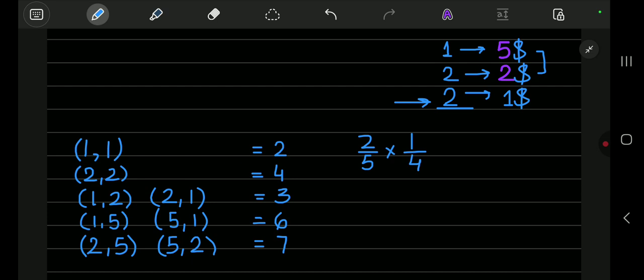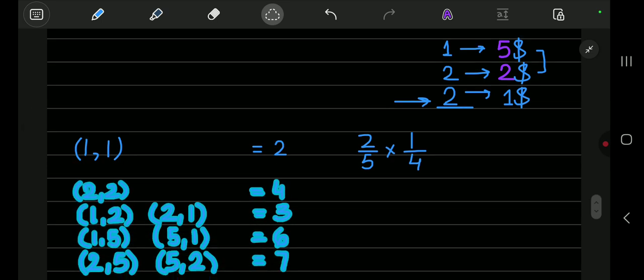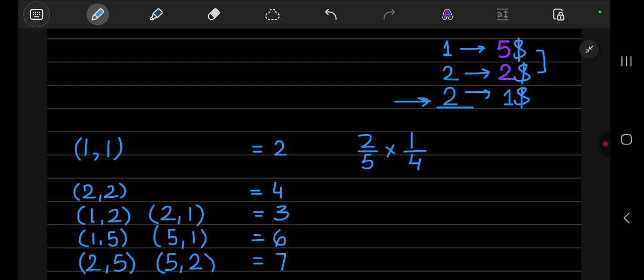Okay, this is one set of possibility. Then if you have two 2s, to get a first $2 coin the probability is 2 out of 5, and the probability of getting the second $2 coin is 1 out of 4. So again the same probability for this.